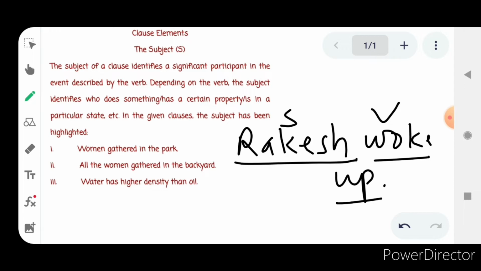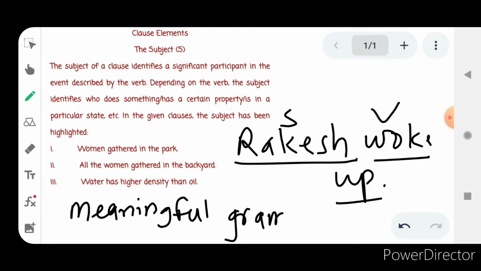This, what I am saying, meaningful grammatical structure.